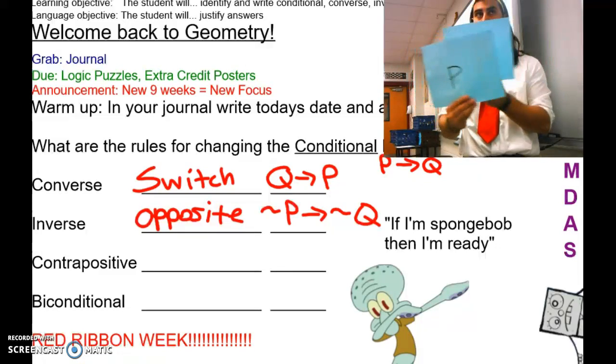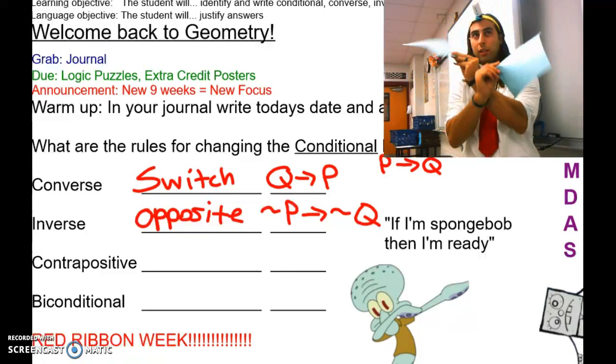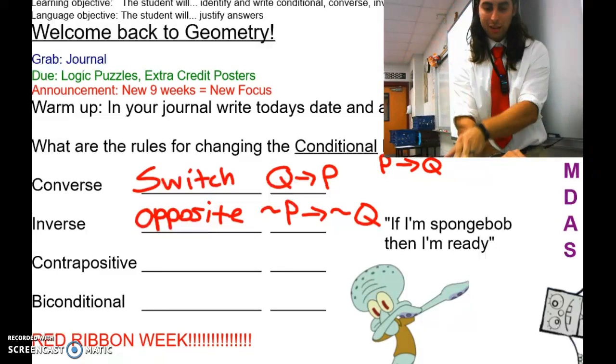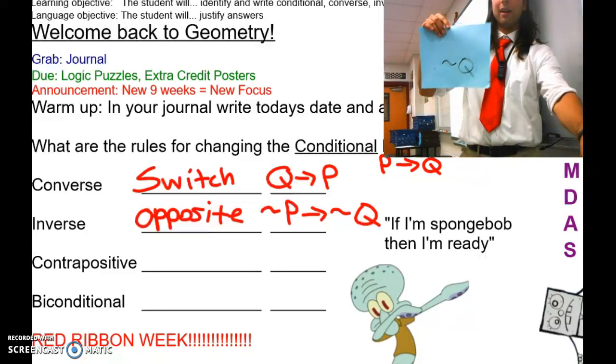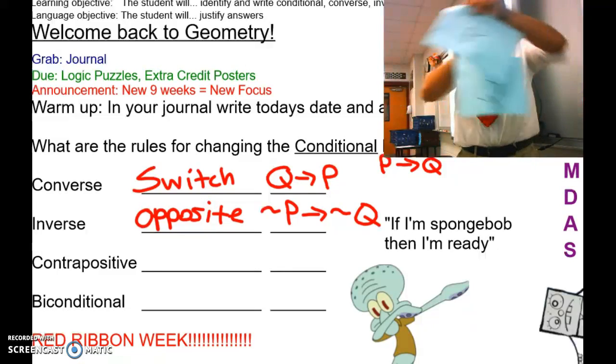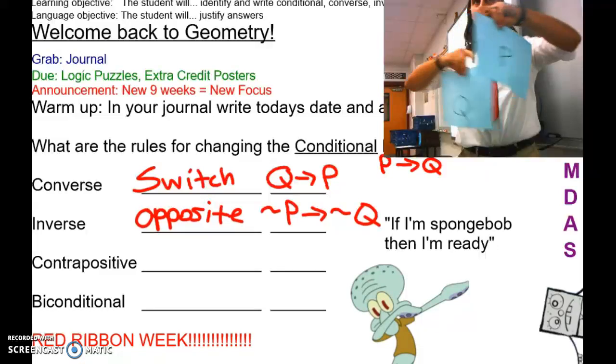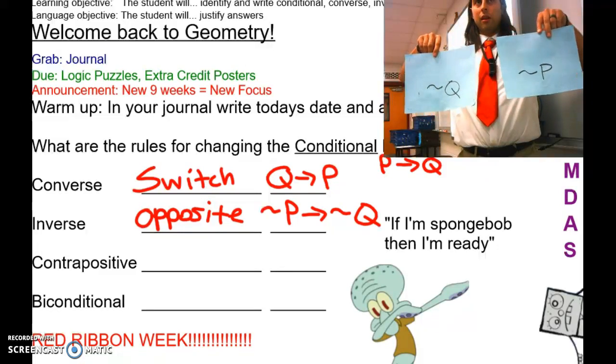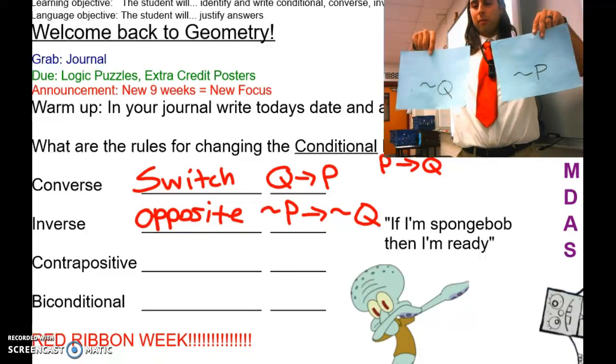I'm going to switch the order, and I'm going to flip it. Which means, if I were to read, not Q implies not P. So starting with P implies Q, flip it, switch it and flip it. Not Q implies not P.